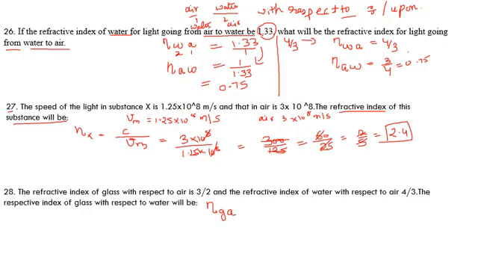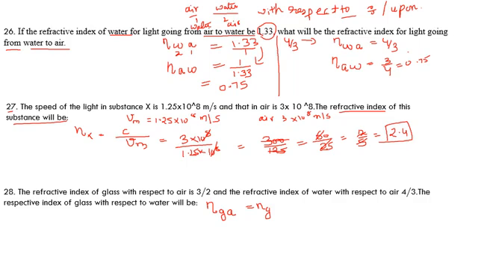So in these types of questions you can also write nu g, that's it, because this is an absolute refractive index. In case of absolute refractive index, whenever the first medium is air, in that case we say that the refractive index is an absolute refractive index, right?